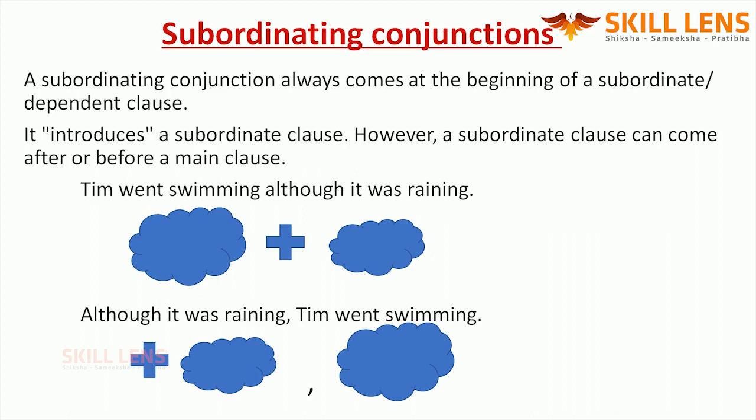Although it was raining, Tim went swimming. Please note the comma that is used. When you introduce the subordinate clause at the beginning of the sentence, after the clause you need to use a comma. But that is not seen if you're using it the other way round. If you're using an independent clause followed by the subordinate clause, then a comma is not necessary.